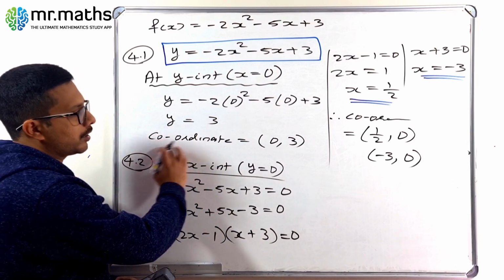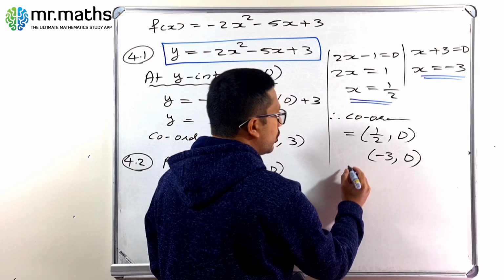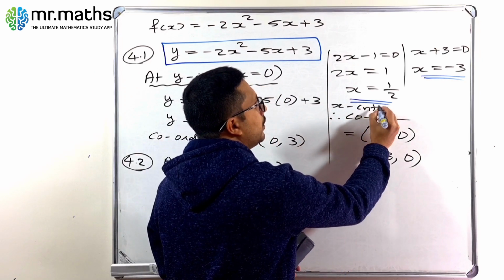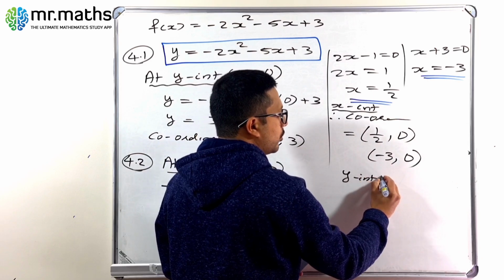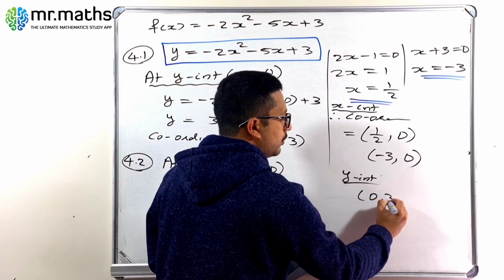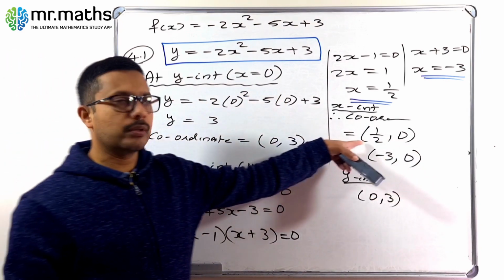And what is the y-intercept? 0 comma 3. Let me write that y-intercept also here. This is the x-intercept, this is the x-intercept, and what is the y-intercept we got in question number 4.1? 0, 3. So that is question number 4.2.